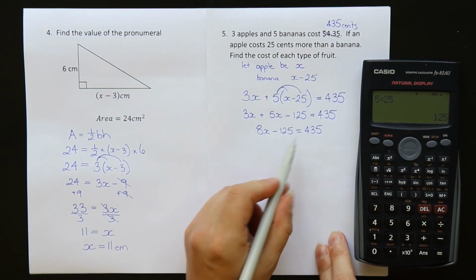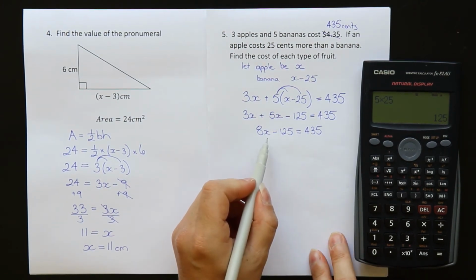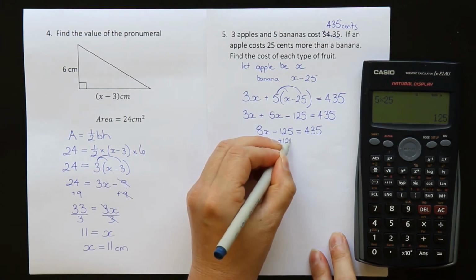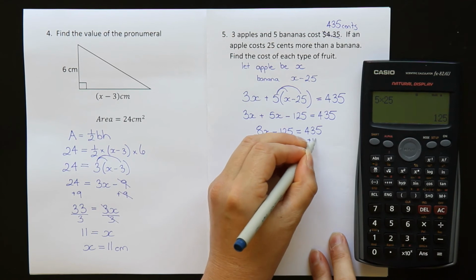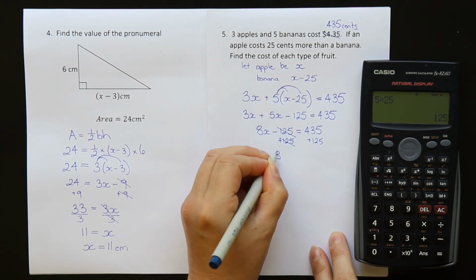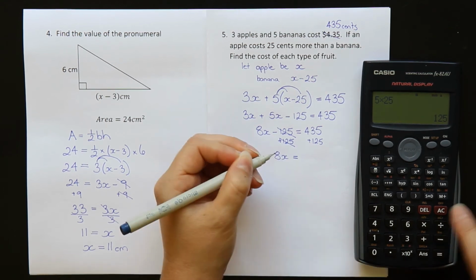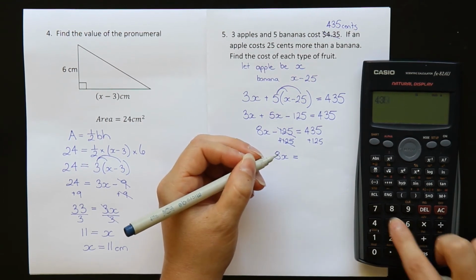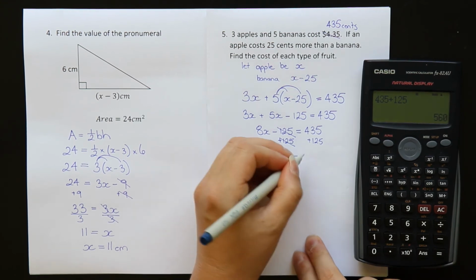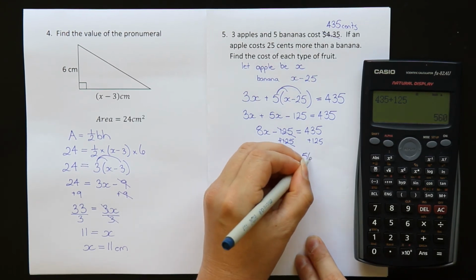So now I want to move everything away from this x to solve for x. First of all, I'll need to add 125 to both sides. 8x is equal to 435 plus 125 equals 560.